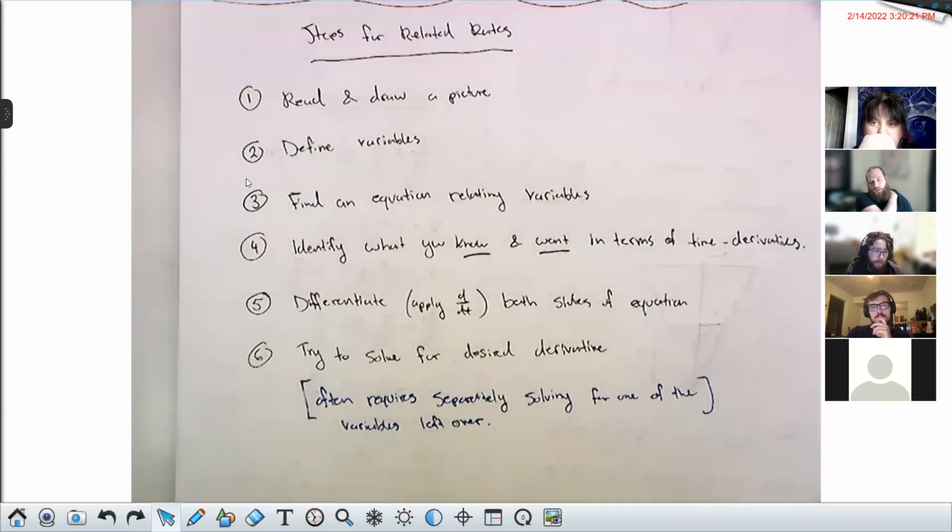Hopefully you'll be in a position where you can solve for the thing you want, but if you're not, go back to the original picture and imagine freezing time at the moment specified in the problem. It's very rare they'll say at time t equals 5 seconds. Usually they'll say at the time when the radius is 5, or at the time when the surface area is 10, or something like that. From that, you can solve for whatever extra bits are left over in your derivative equation, and then solve for the desired derivative.